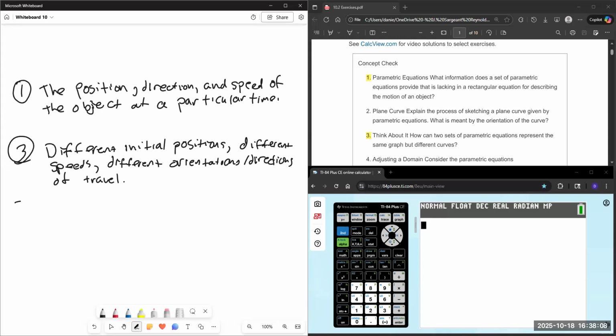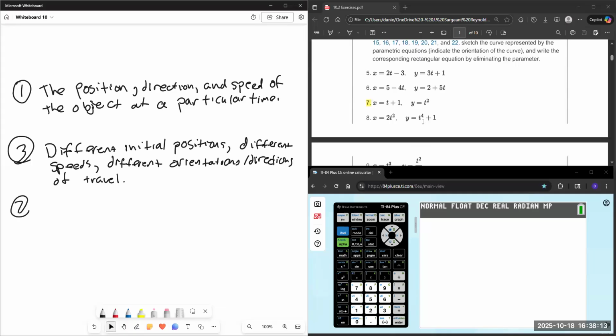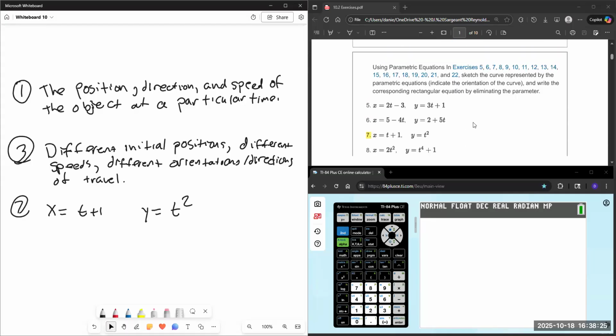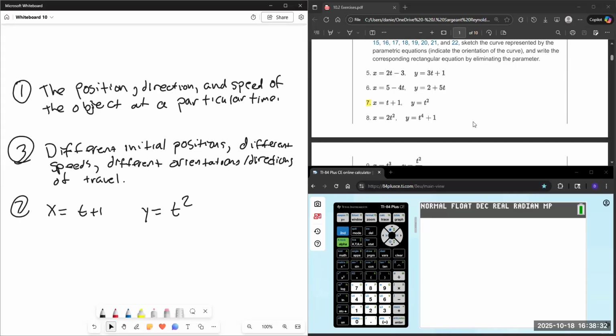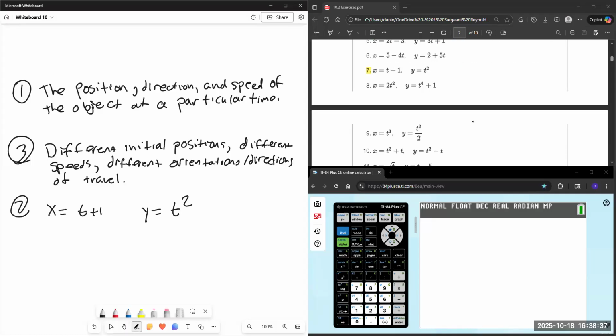So let's go ahead and look at 7. 7 says x is equal to t plus 1, y is equal to t squared. We'd like to sketch the curve of the parametric representation, indicate the orientation of the curve, and write the corresponding rectangular equation by eliminating the parameter. So I'll do the last part first here. If I solve for t in the first equation, t is equal to x minus 1.